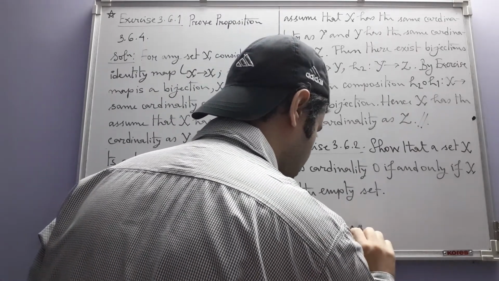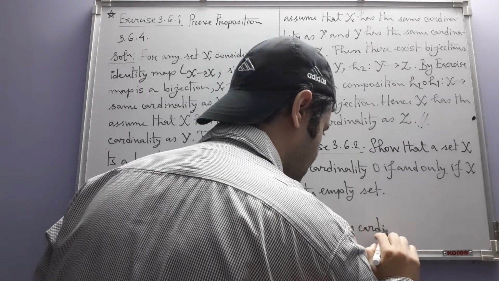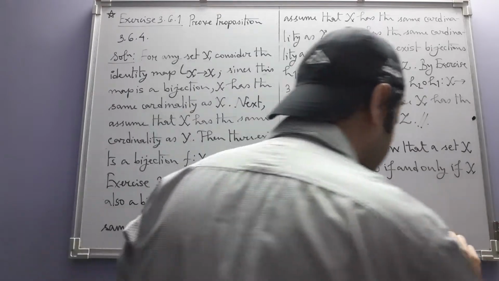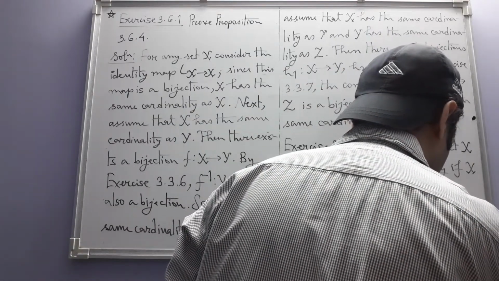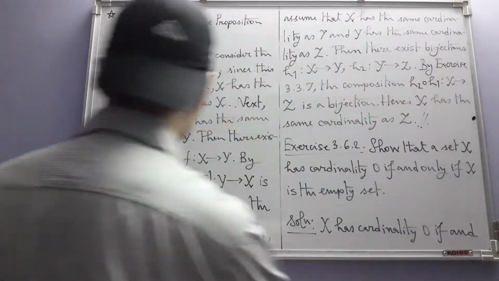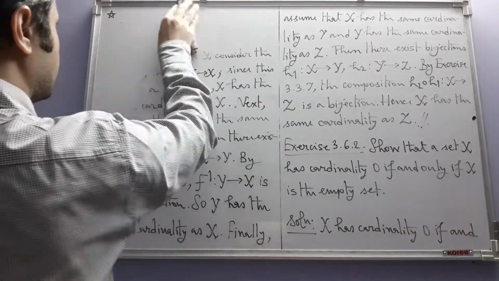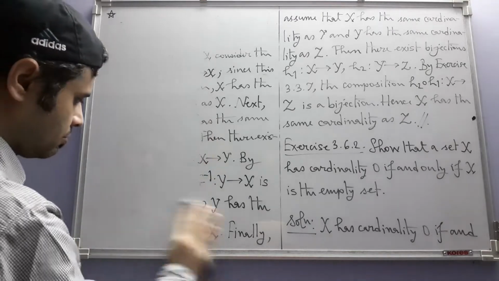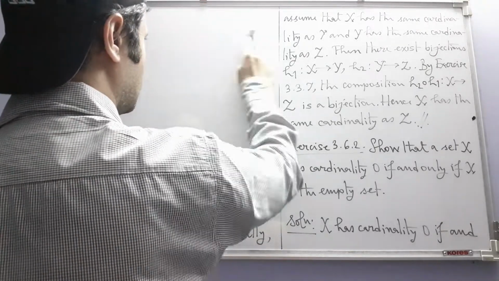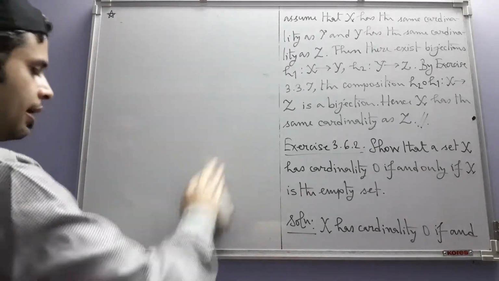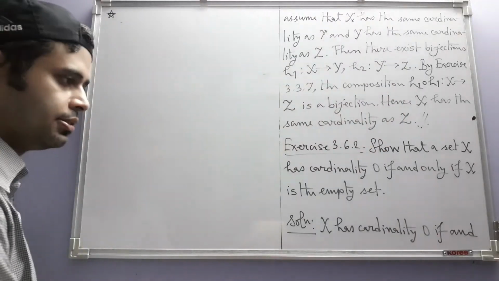X has cardinality 0 if and only if, what is the definition of a set having cardinality 0?